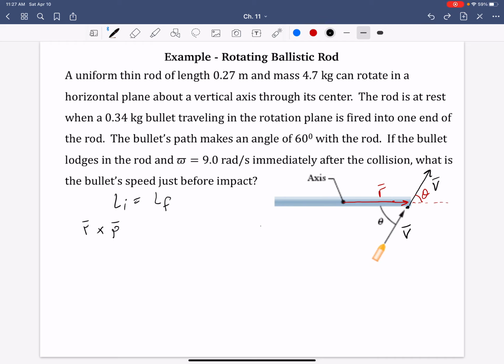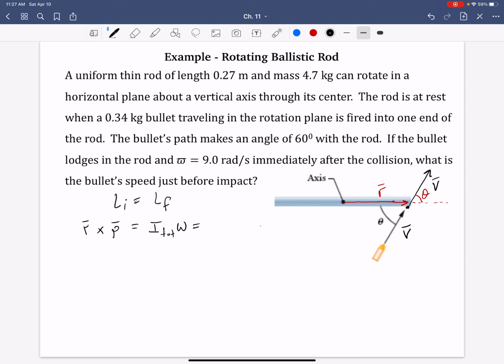All right, initially, angular momentum is R cross P, as measured from the axis. After the collision, both bullet and rod will be rotating as one system. Because of that, and the fact that the system will be rotating through the axis, which is located at the center of mass, we can write the angular momentum as I omega: the total moment of inertia times the common final angular speed.